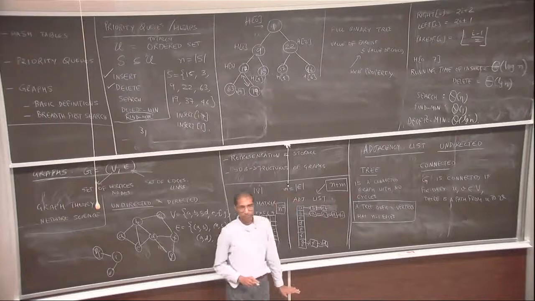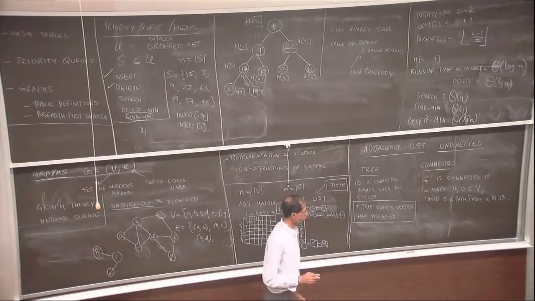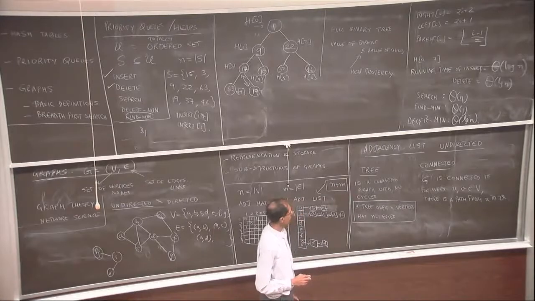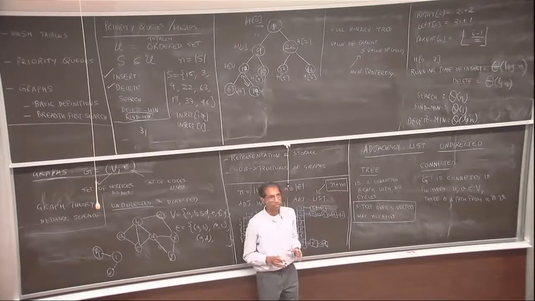Always. If you have n vertices and more than n minus 1 edges, it is bound to have a cycle.